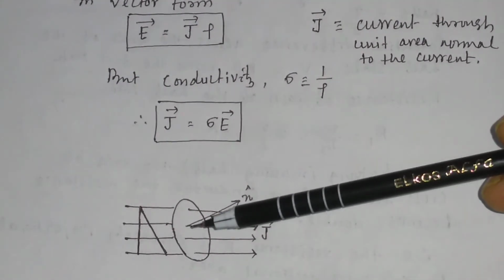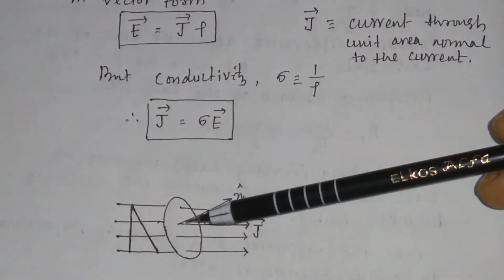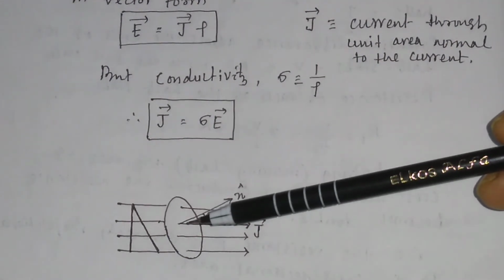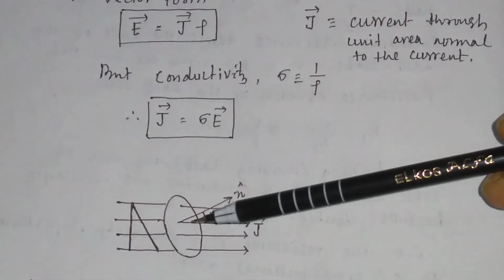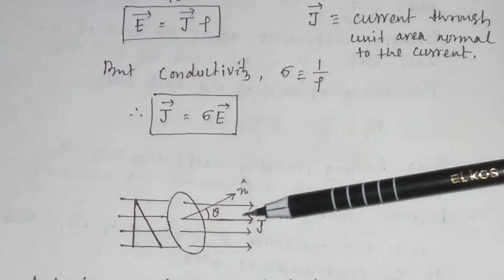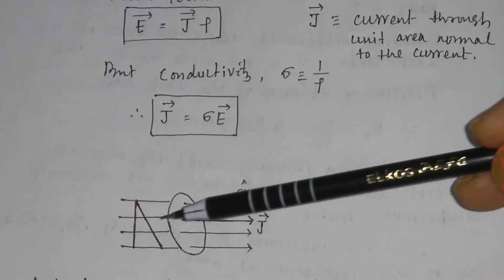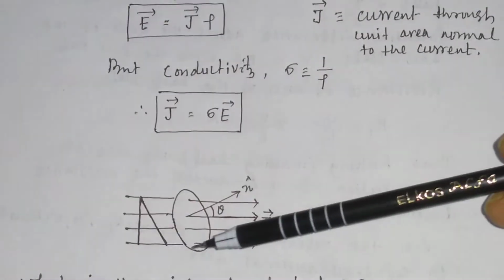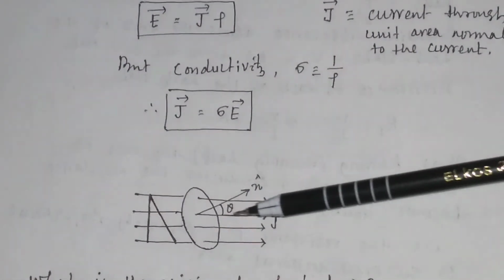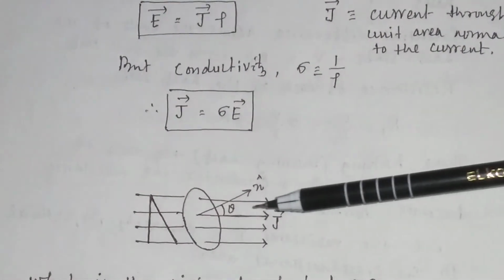This is the direction of the area. But when you consider the current density vector, you have to consider the direction of area along the direction of the current, like this perpendicular area. That means if this is ds, then you have to take ds cos theta, which will be along the direction of the current.